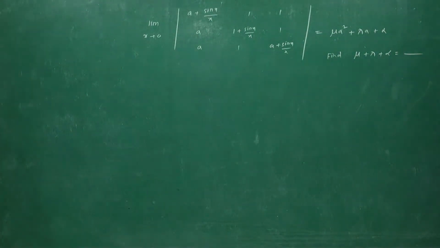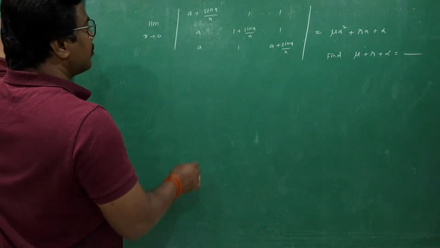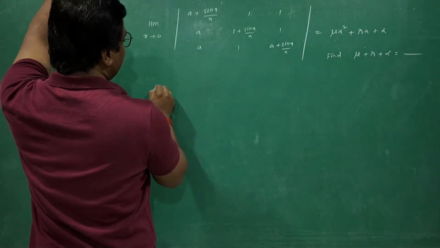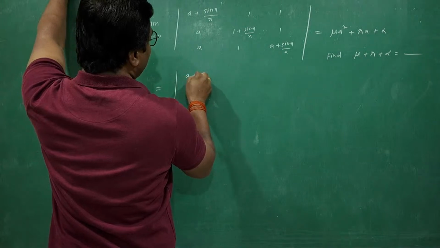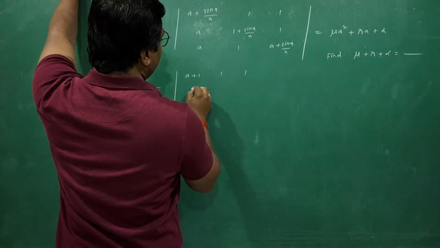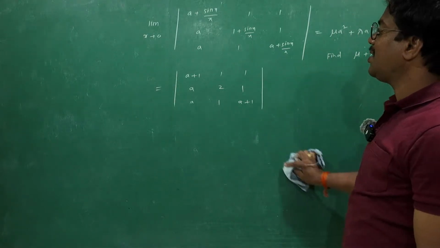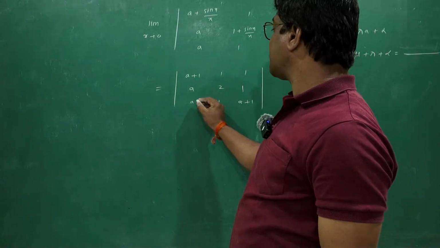As x tends to 0, the value of sin x by x becomes 1. So applying the limit x tends to 0, it gives the determinant with rows a plus 1, 1, 1; 1, a plus 1, 1; 1, a, a plus 1.